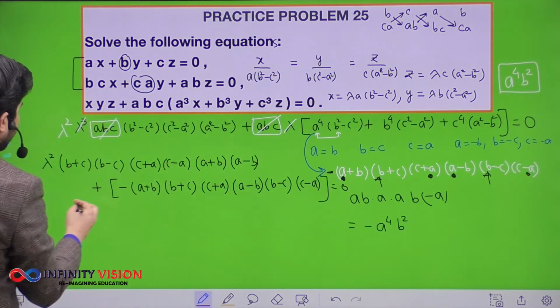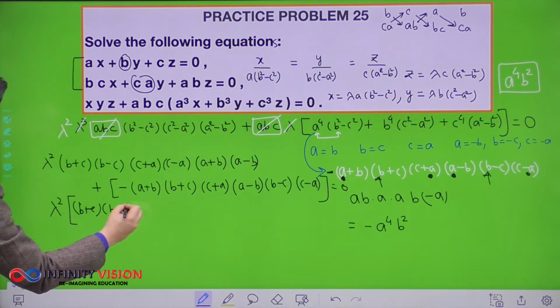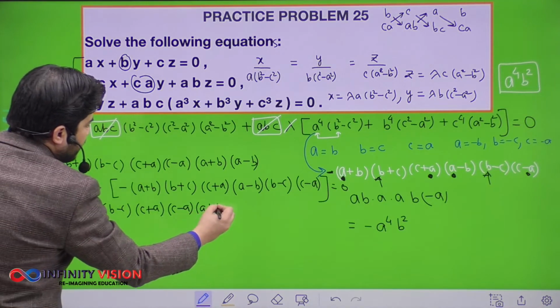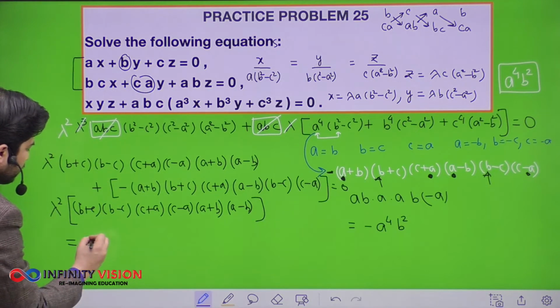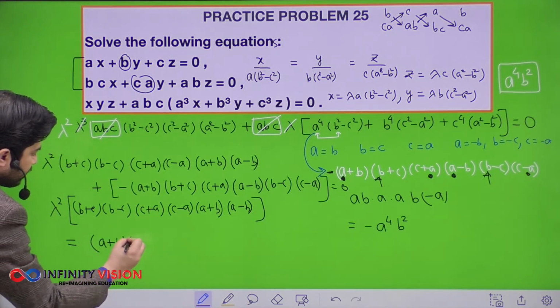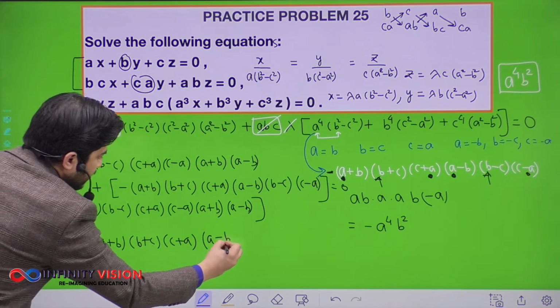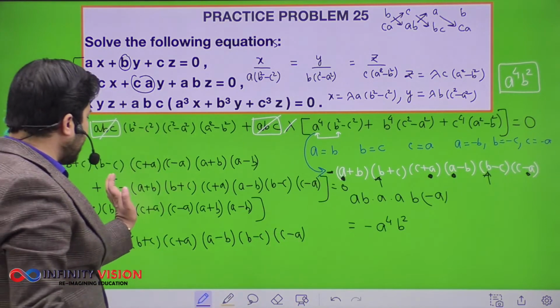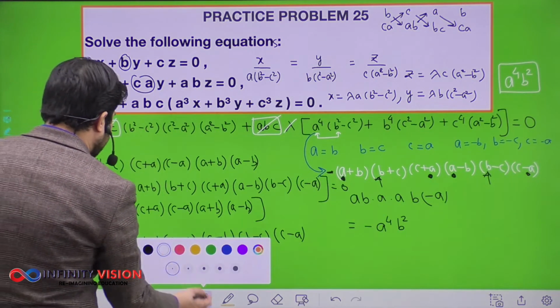So the whole expression would become lambda square into b plus c into b minus c, c plus a into c minus a plus b into a minus b equals to a plus b, b plus c, c plus a into a minus b, b minus c, c minus a, because the minus guy, when you will transform it to the right, it would become plus and the whole expression would cancel.